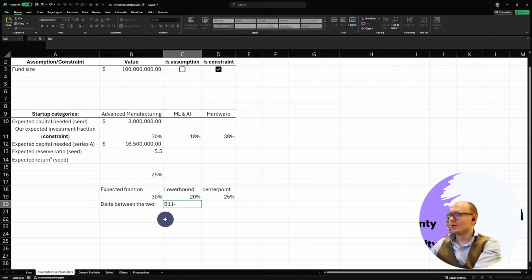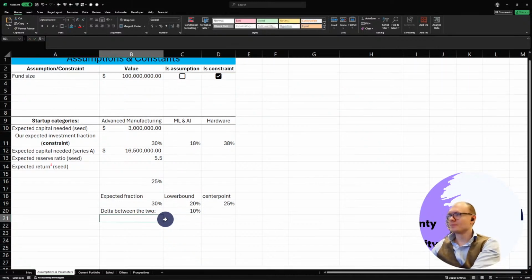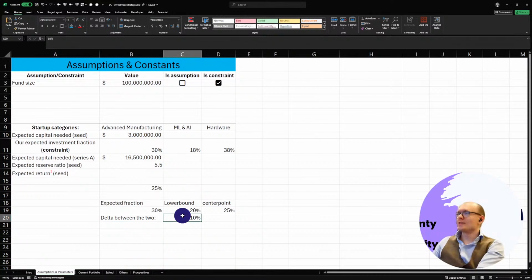So b1 minus lower bound, which, if we replace these numbers, is 30 minus 20. So that gives us 10. That is what we want to do on expectation.